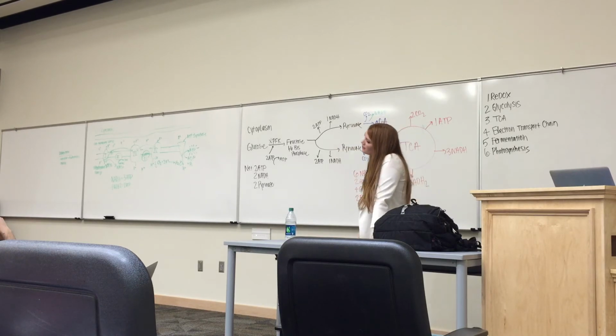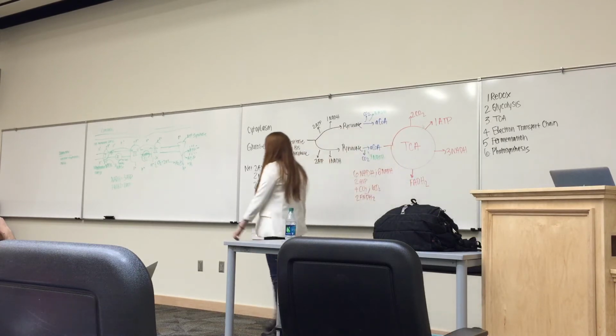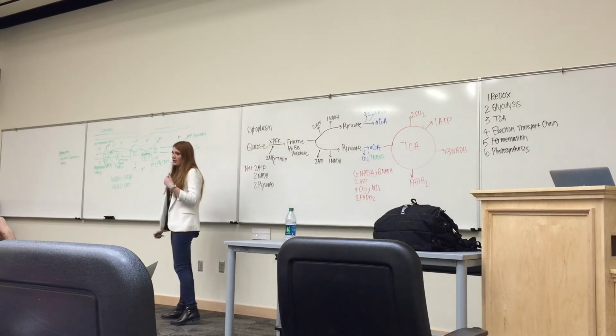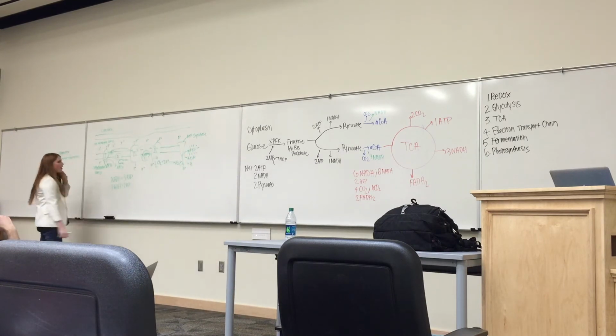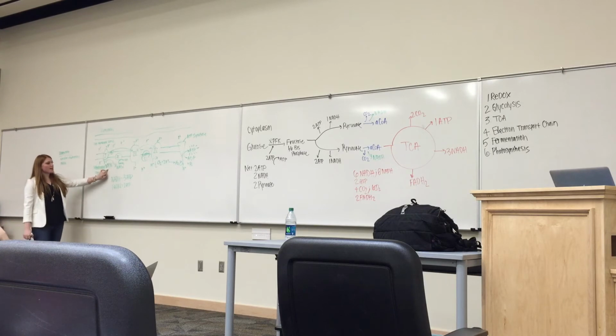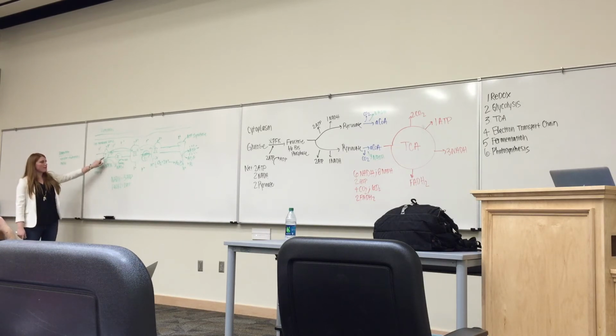Can you go through why NADH produces 3 and FADH2 produces 2? This is just how I remember it. I don't know if this is right scientifically. NADH has more potential energy, and it will give up its electrons to complex 1.